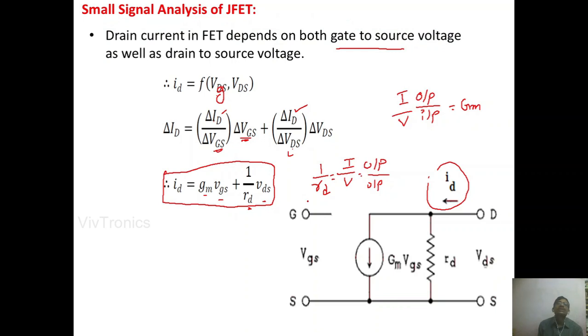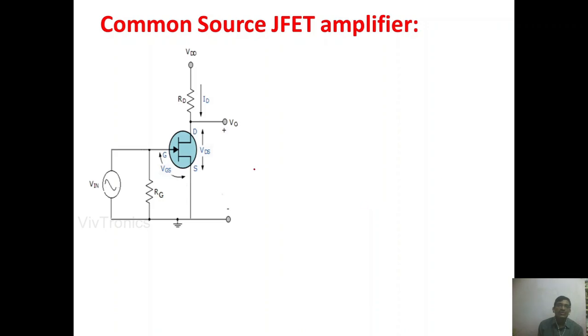Let us see about the common source JFET amplifier. This is the circuit for the common source JFET amplifier. VIN is the input voltage. Why can we say it is a common source?